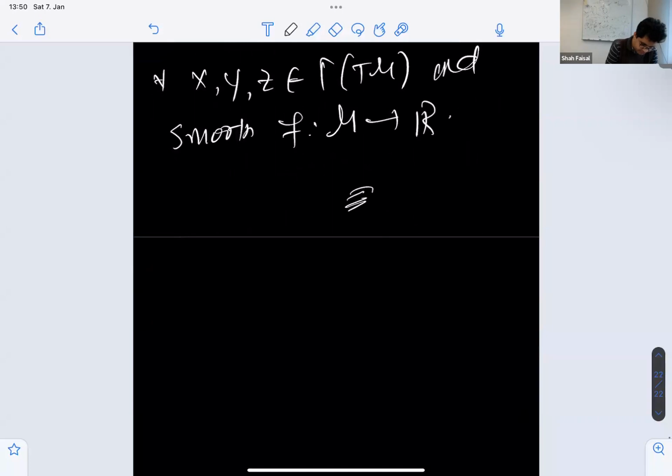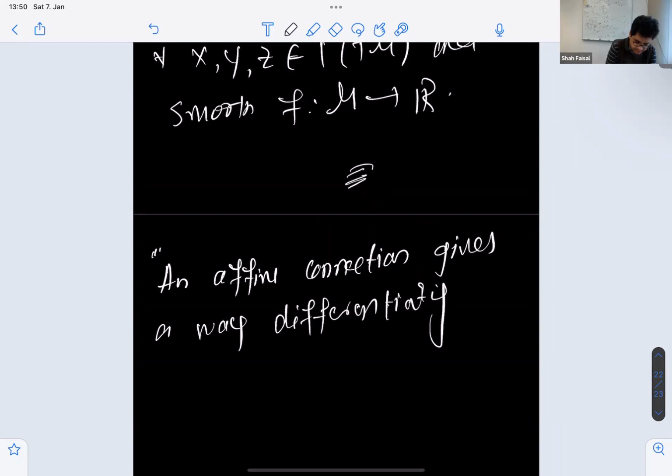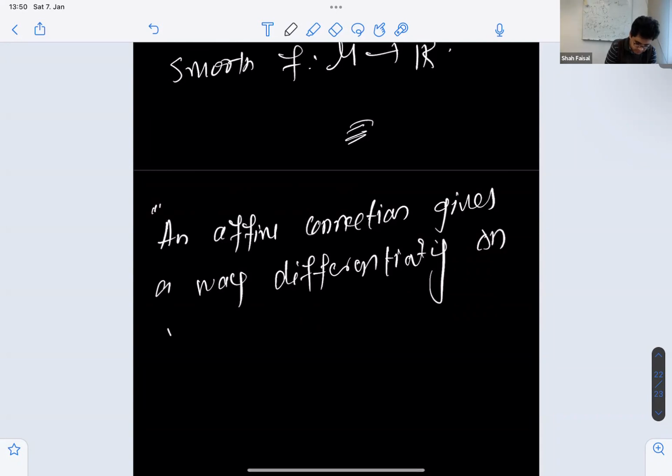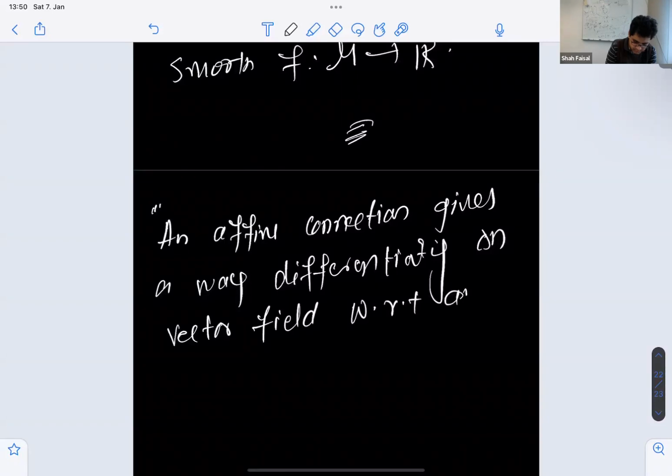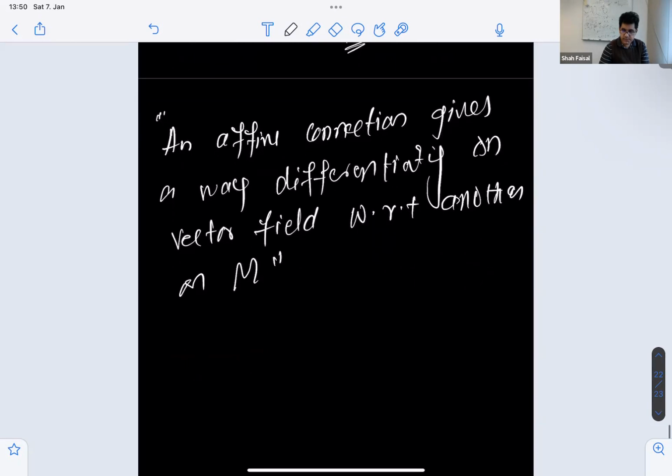So the conclusion would be, an affine connection gives a way of differentiating one vector field with respect to another on a manifold. Okay, nice.